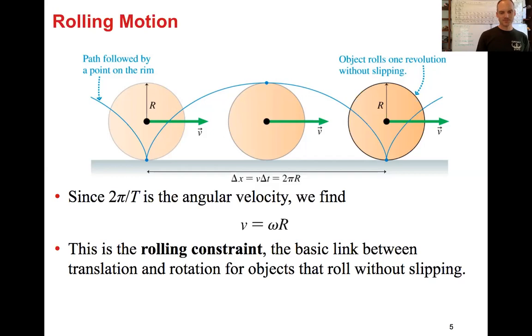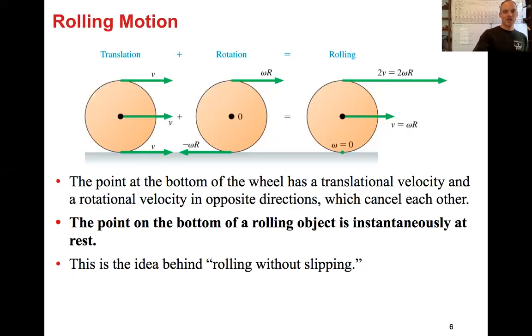They refer to that as the rolling constraint, which is the link between the translational systems and the rotational systems. All right, another application of the rolling motion, just to really drive home how complicated this actually is.